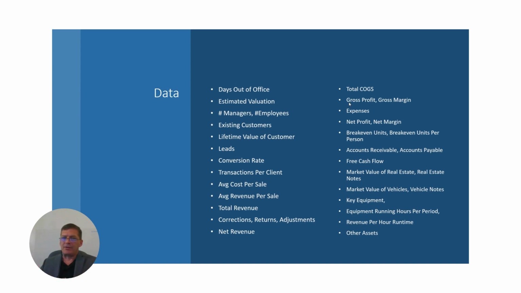Calculations exist inside the spreadsheet to help to perform the math on the things that we know about, including your gross profit, gross margin, net profit, net margin, your break-even analysis.